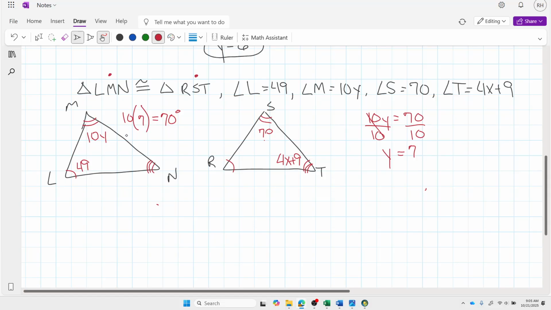If angle M equals 70 degrees, then angle N is equal to 180 minus 49 minus 70, which is 61 degrees.